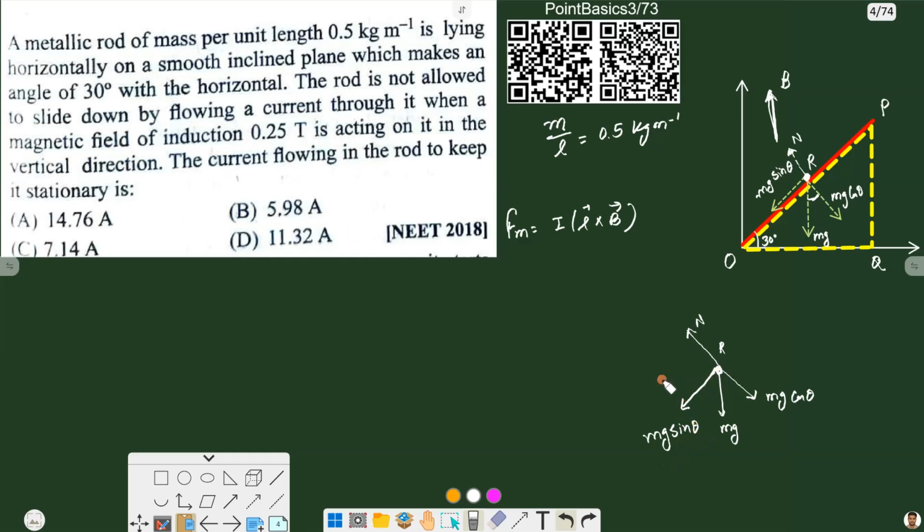Now if the magnetic force acts in the negative x direction, it will not be able to balance mg sin theta; it will support sliding of the rod. So this magnetic force should act in the positive x direction. If the magnetic force is acting like this, then what will happen? We know this angle is already theta, so if this is theta, this will be 90 minus theta.